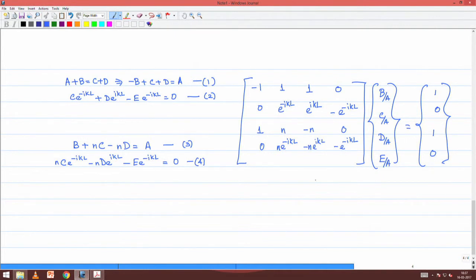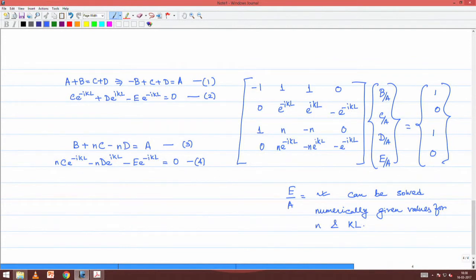So, we do not have much need to know what is b by a and c by a and d by a. Our primary interest lies in e by a, right. So, e by a can be solved numerically given values for n and kL, okay.